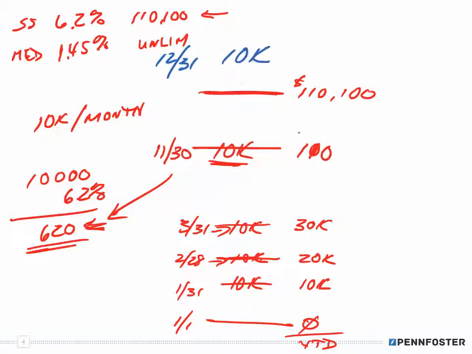But the question is that at this point in time, right here, we had a year-to-date wage of $110,000. So the difference between our year-to-date and the limit of $110,100 is only $100. This additional $9,900 that's above this limit is not taxable.